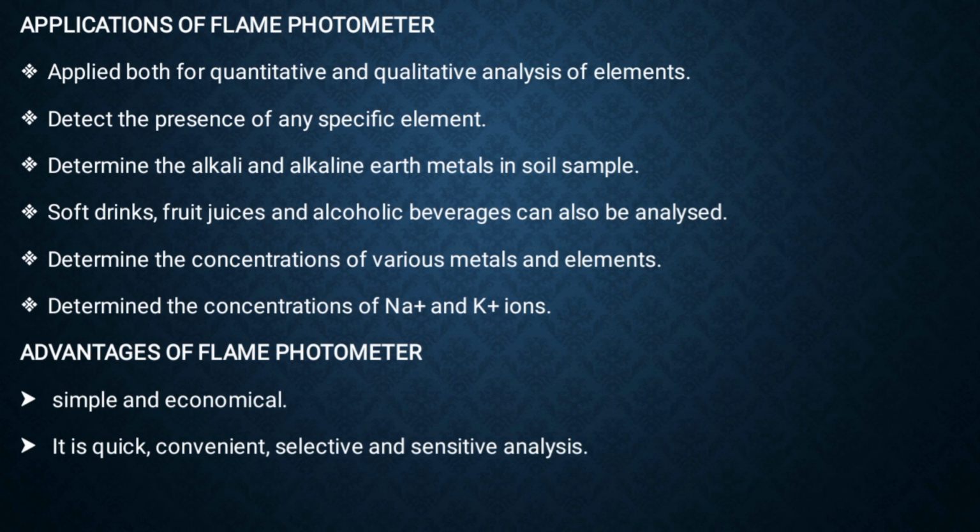Next, the presence of elements is critical for soil health. It is detected in a soil sample by conducting a flame test and the soil can then be supplied with the specific fertilizer. Next, it is applied to identify the concentration of sodium and potassium ions.